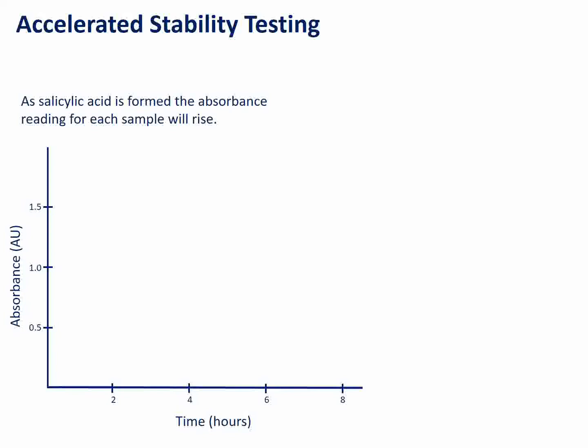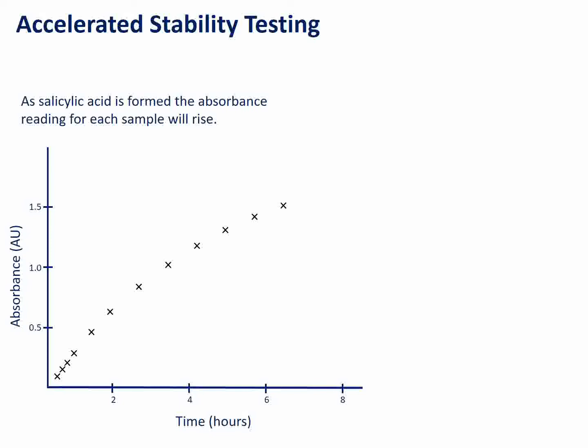So as we start to take samples from the aspirin solution in that water bath, what we're going to see is that the salicylic acid slowly starts to be formed, and the absorbance reading for each sample is going to start to rise. So you might get a plot which looks something like this.